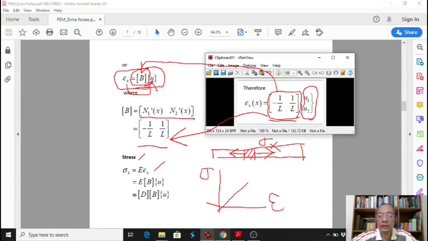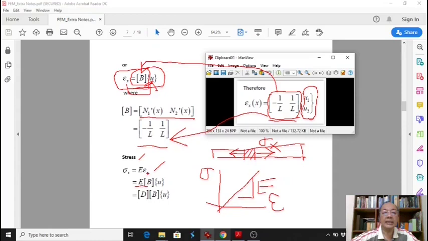This is a straight line, or linear relationship between stress and strain. So the slope is E. So stress is equal to E times strain X.